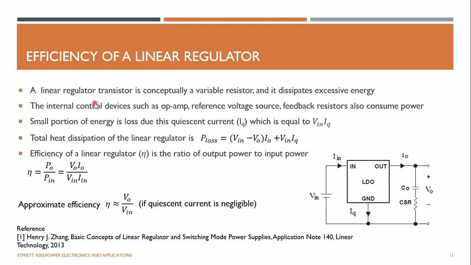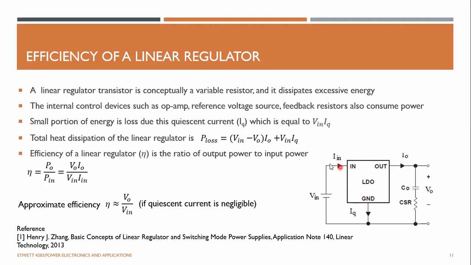Okay, now you have an idea about the importance of the quiescent current. In this example, I have shown you a linear regulator, or LDO type, a low power regulator. I will explain what an LDO is in a minute. In order to work, you have this input current, and this quiescent current flowing through this ground pin, and your load current.